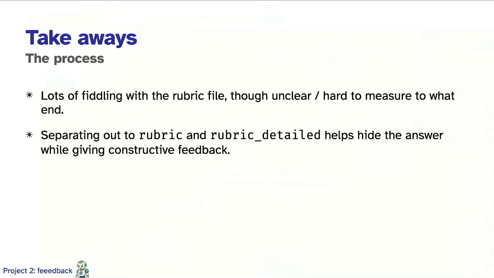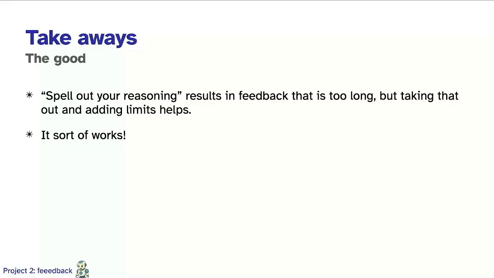So quickly, the takeaways. In terms of the process, lots of fiddling with the rubric file to land at a place where things are starting to look happy. But at some point, you ask yourself, could I go forever with this? But separating out the rubric and the rubric detailed helped to not give the correct answers away every time. The good was it sort of works.